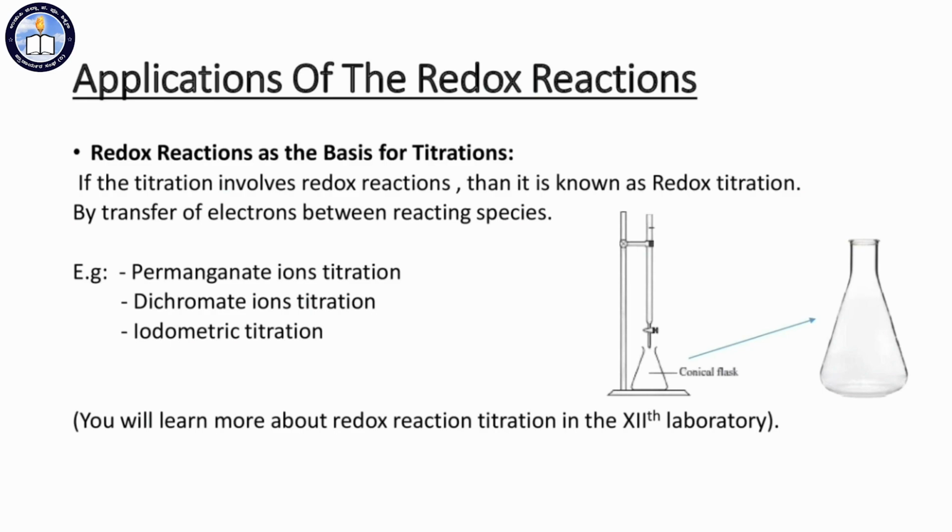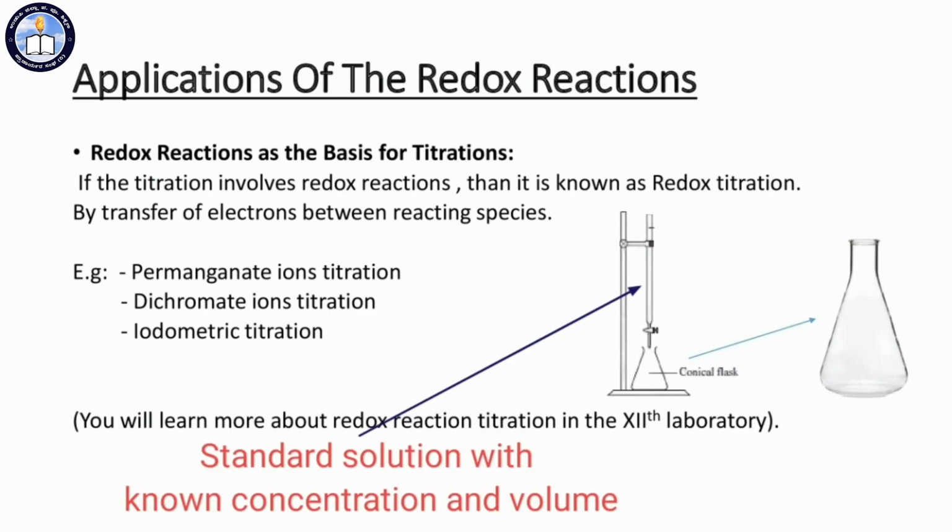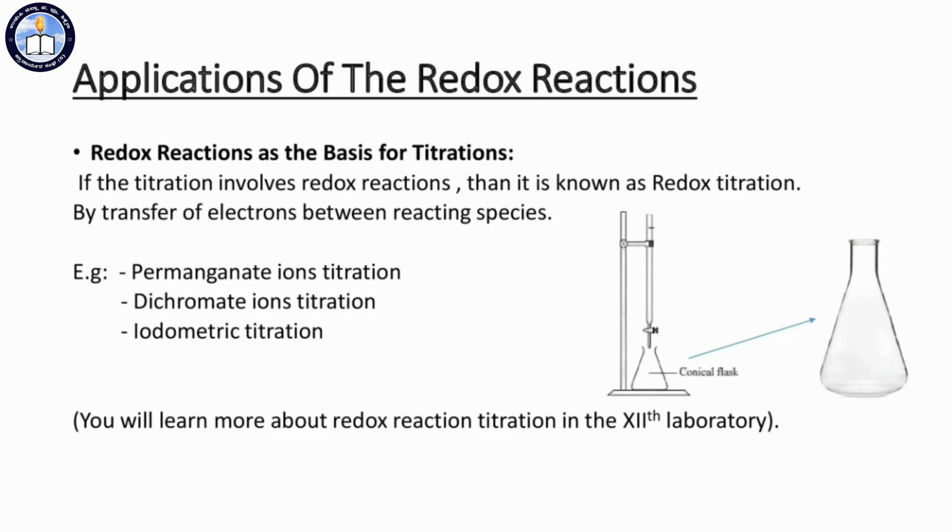Applications of the redox reaction, first one is known to be titration. What do you mean by titration? It is the technique used to determine the concentration of an unknown solution by using an indicator. We have to take a standard solution in the burette. Standard solution means one which has a definite concentration as well as volume. Then we take a sample with definite volume in the conical flask.